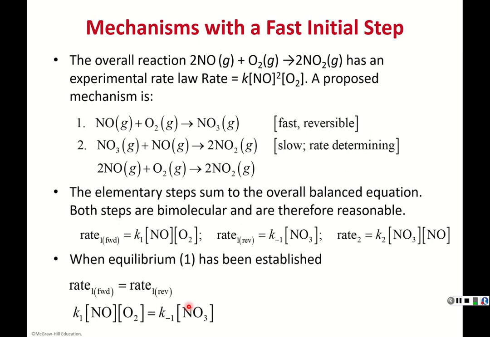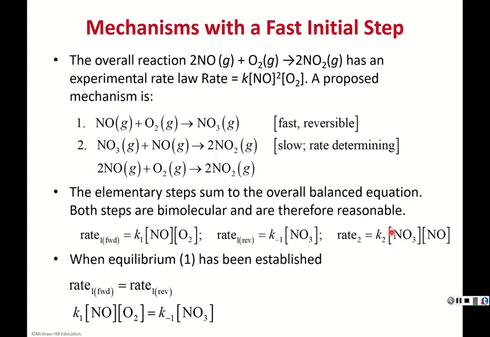Well, if we tried to write the rate law of just this second step, which is our rate determining step, it's going to depend on this NO3. And the problem with NO3 is it's an intermediate, so it doesn't show up in our overall balanced chemical equation for this reaction.